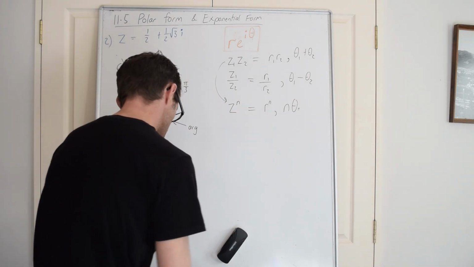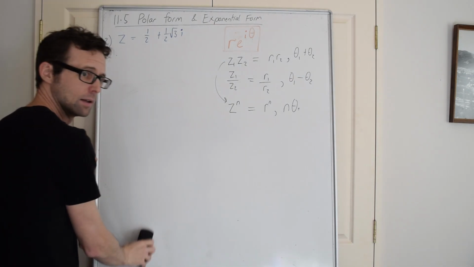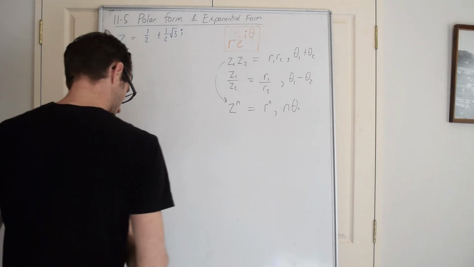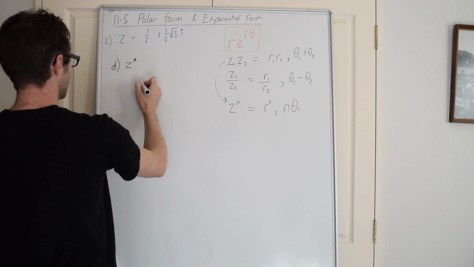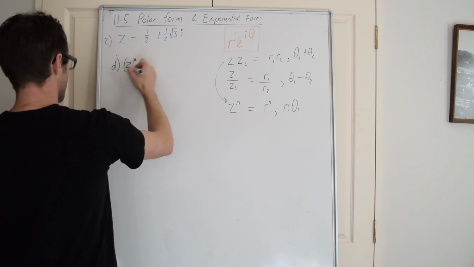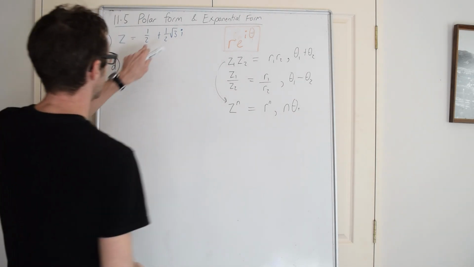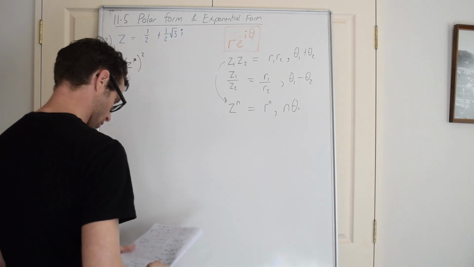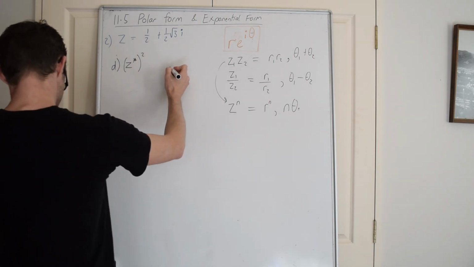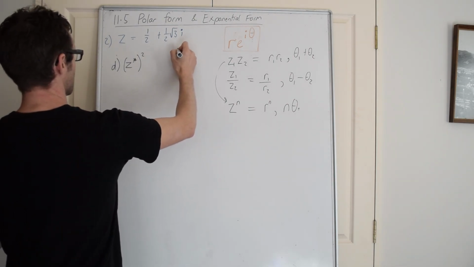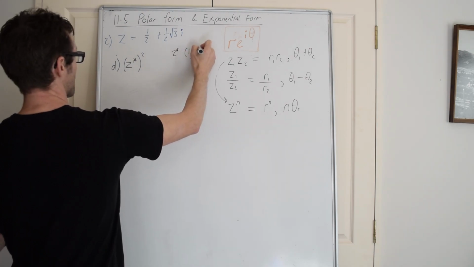Let's move on to D. So with D, we're trying to do Z star, and then I think we want to square that. Now, if you look back, I think we did Z star before, and we found a modulus and argument for it. If you go back to B, for Z star, the modulus was 1, and the argument was minus pi over 3.